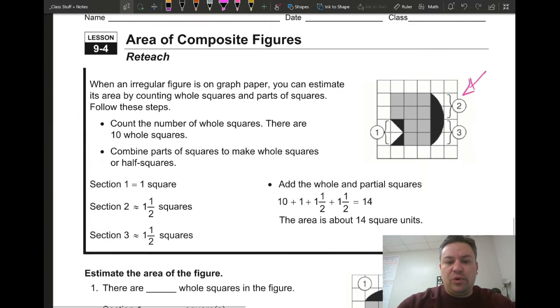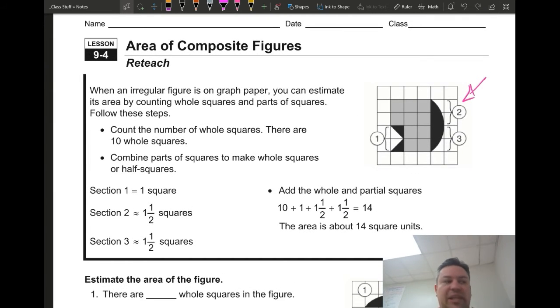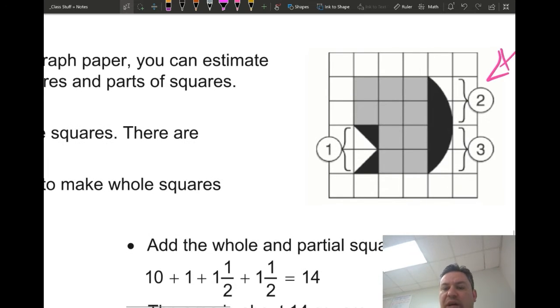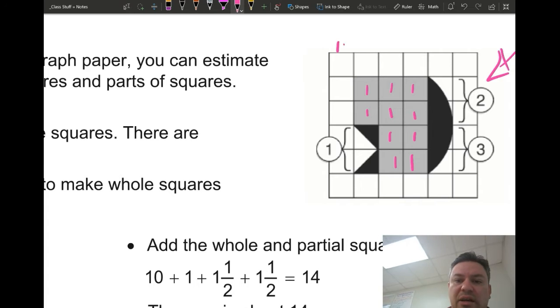Basically, if we look at this example, with that being said, it says that every little square represents 1 unit. We can clearly see that over here I have 1, 2, 3, 4, 5, 6, 7, 8, 9, 10 whole units. And then these two right here, both of them are halves.